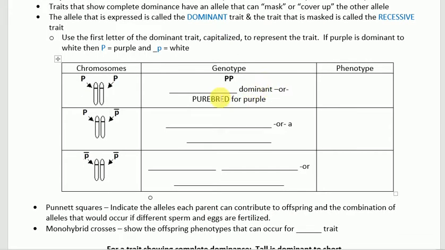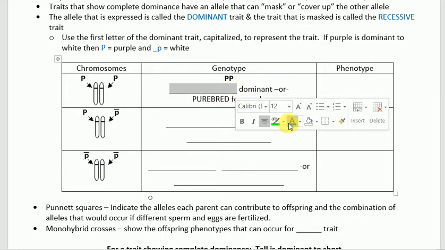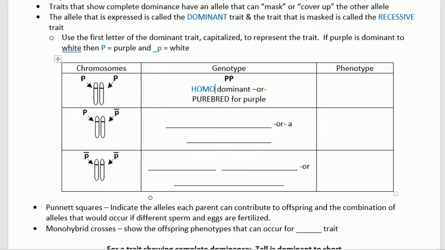Here, let's take a look at these different kinds. We've got two capital P's, which means we have two dominant traits. This is said to be homozygous, meaning same. So it's homozygous dominant, or purebred for purple. The phenotype we're going to end up with would be purple. Here we've got a capital P and a lowercase p.